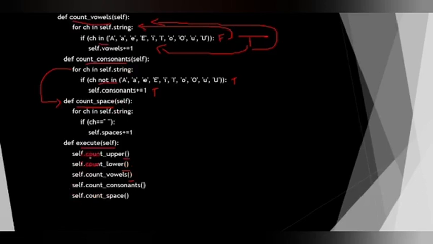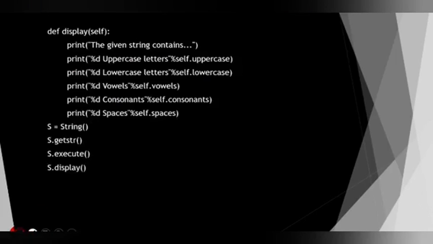After the execution of these statements, the control transfers to the last function, that is self.display. This function is going to display all the values. It prints the given string contains, and then prints the uppercase letters.